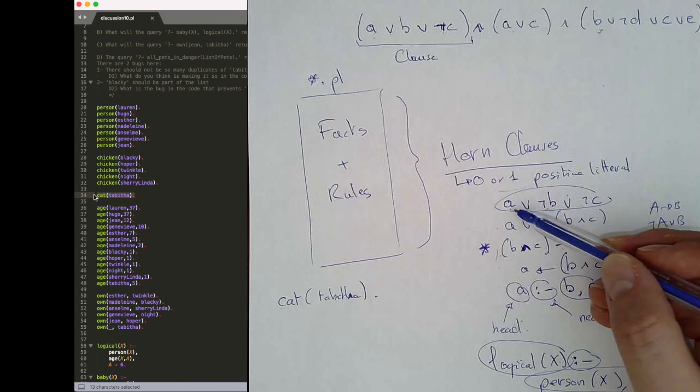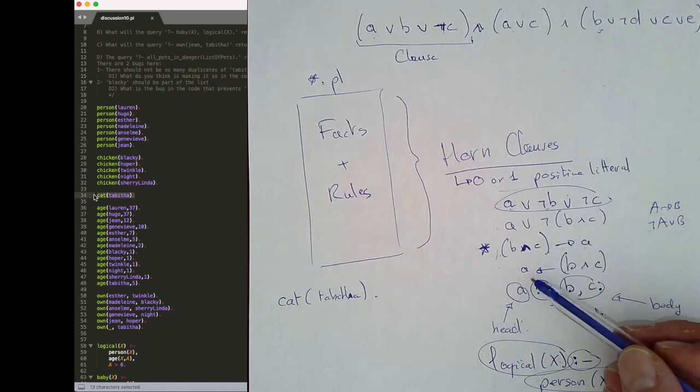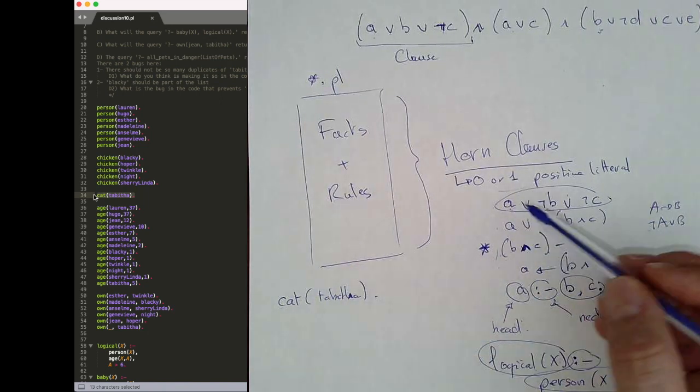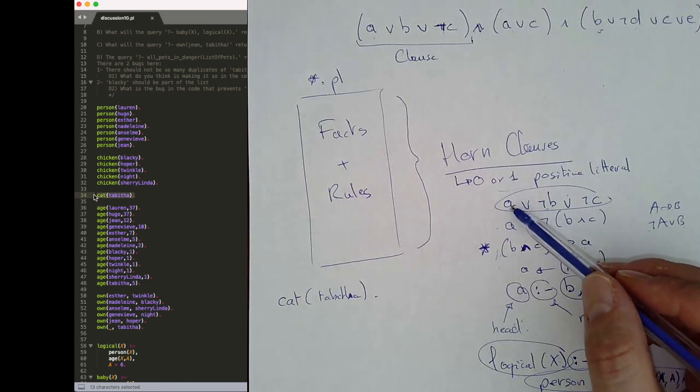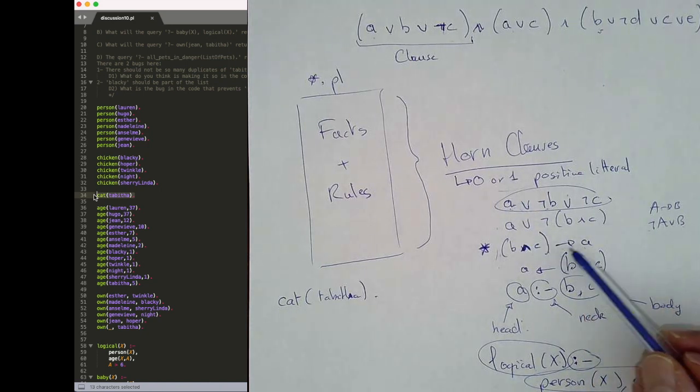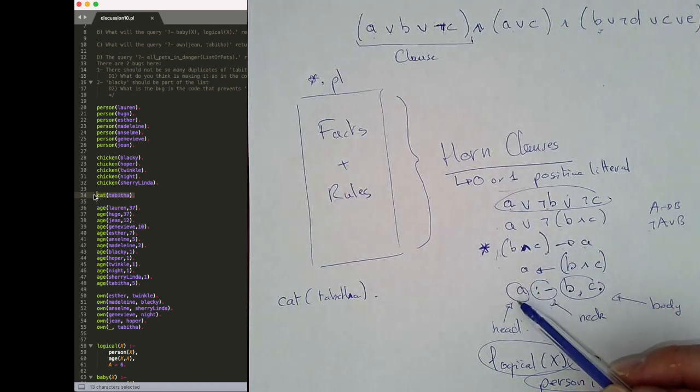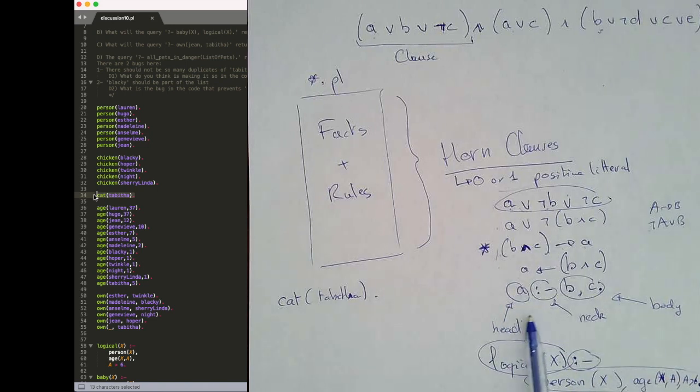So if you translate that, this is basically just the A, right? A is true. You end up without the not B or not C, so you end up without this piece. You just have A, the head without the neck and the body.